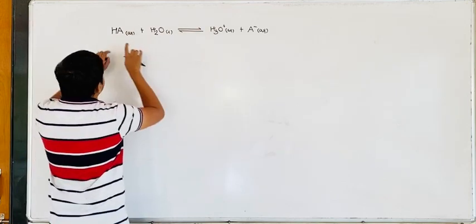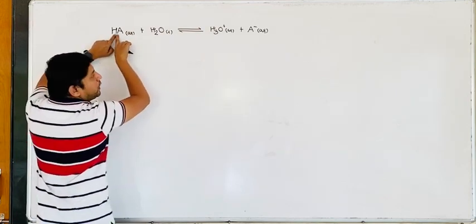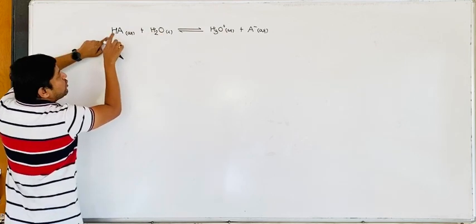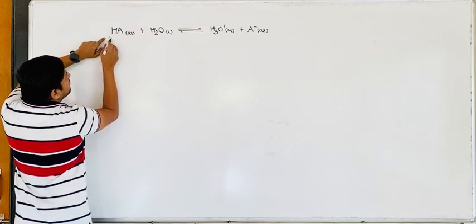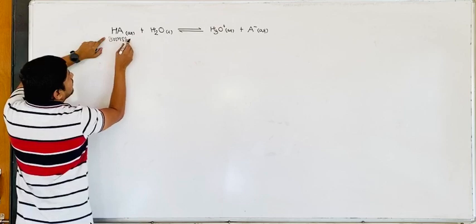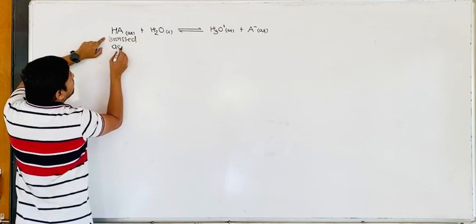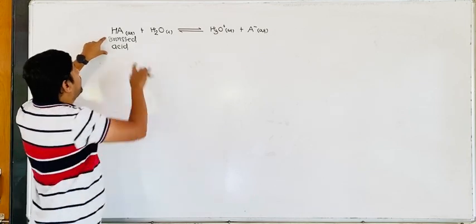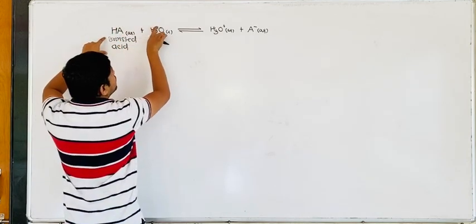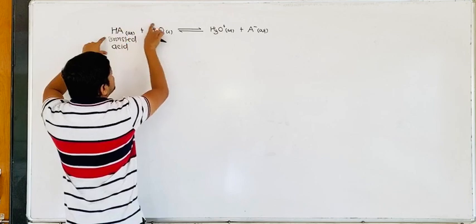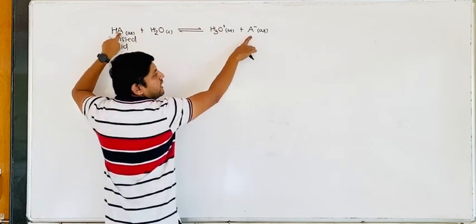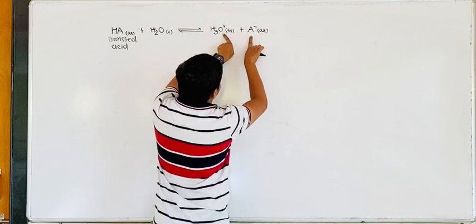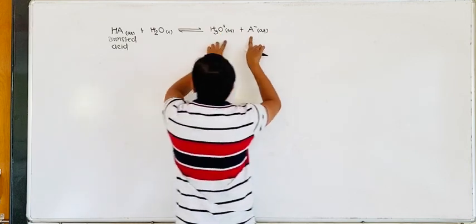Now in this reaction, HA donates a proton to H2O. As HA donates a proton to H2O, HA is a Bronsted acid. After donation of the proton, A minus ion remains, which gains H plus ion from H3O plus in a backward reaction.